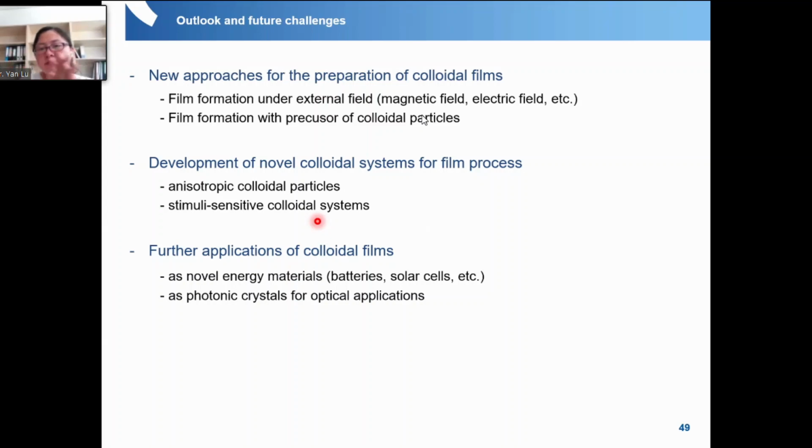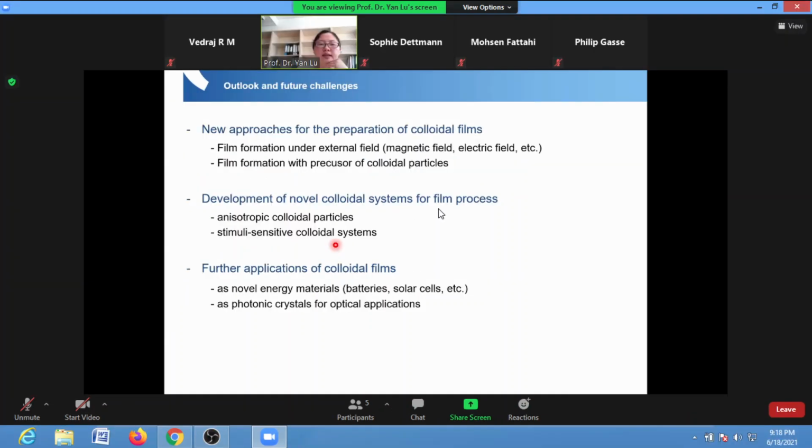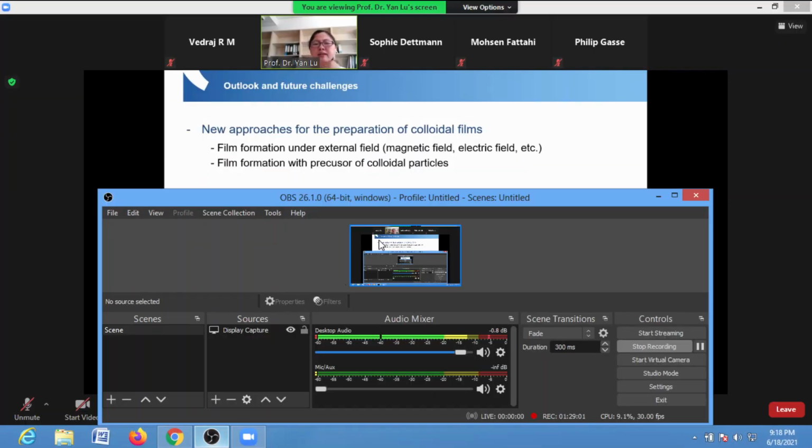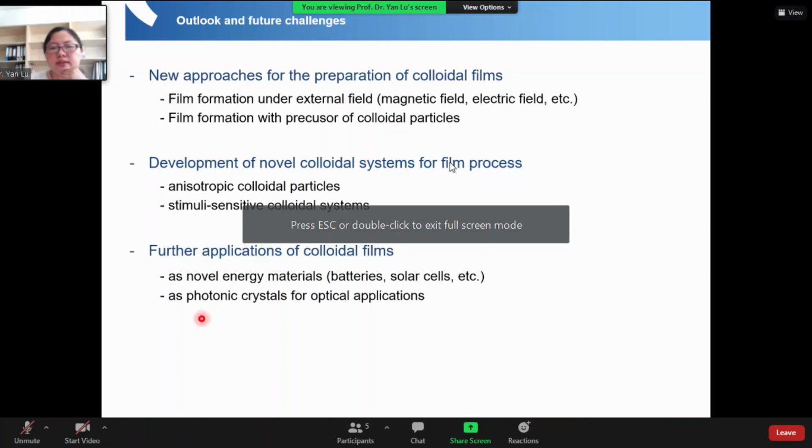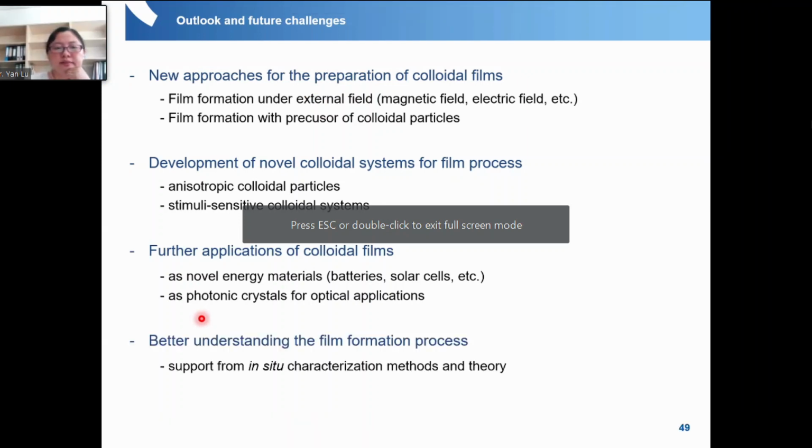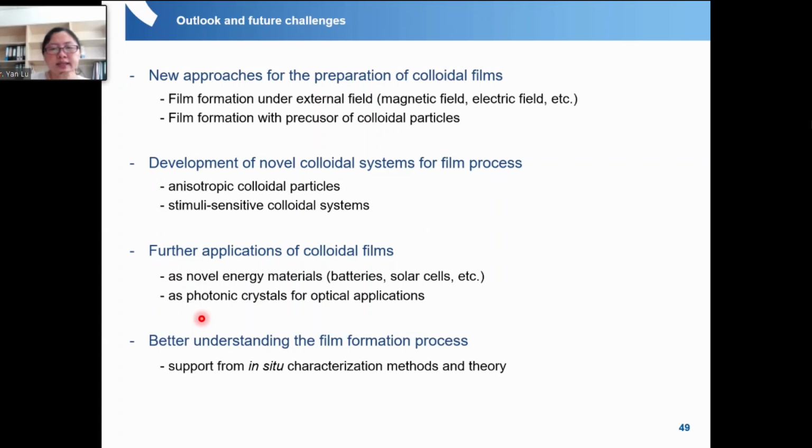The same goes for solar cells. You can use spin coating or inkjet printing to prepare the film for cell applications. Another aspect, of course, is photonic crystals, which is very nice for optical applications.